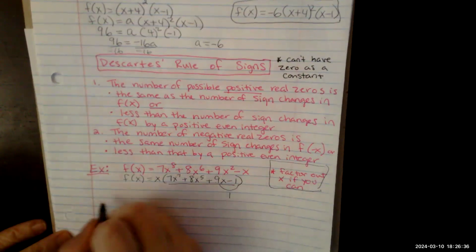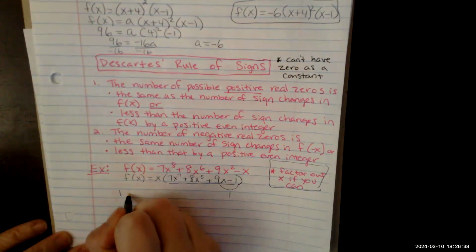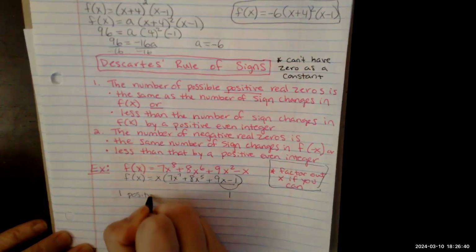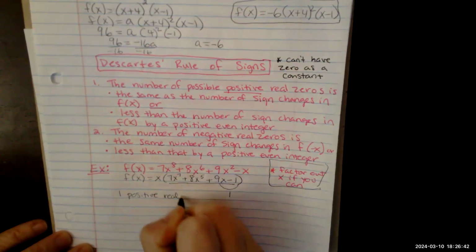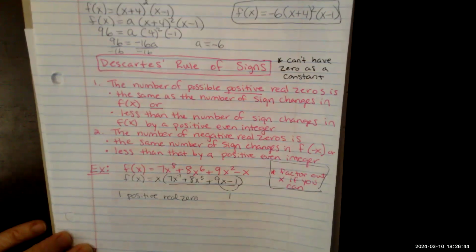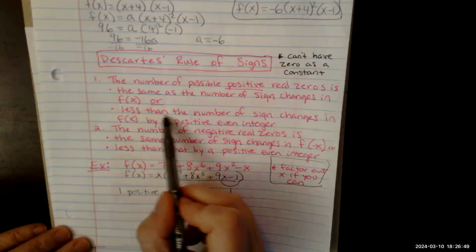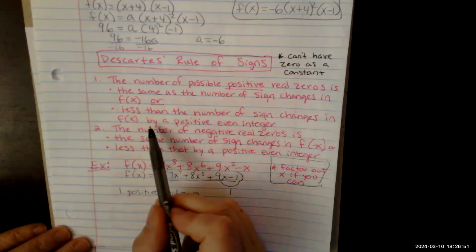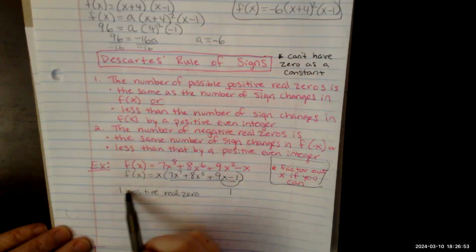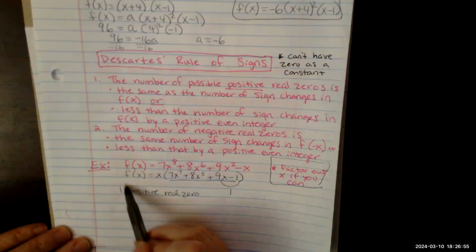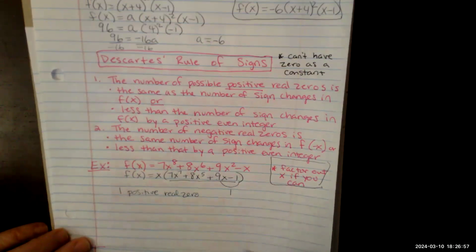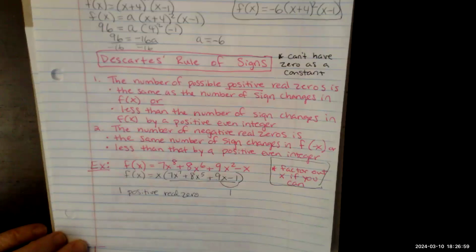So what that means is I have one positive real 0. Now, I could also have less than that by a positive even integer, which just means you can subtract 2. But I can't subtract 2 from 1, so I'm just going to stick with 1.